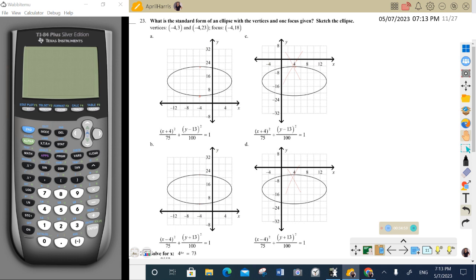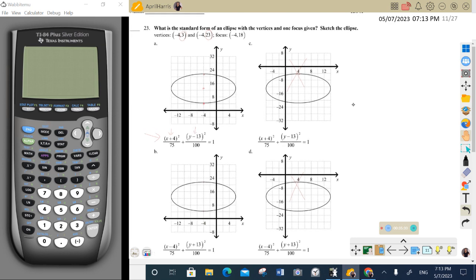So here's the deal. On the equation, this is not the vertices. This is where the center is. So we have to find the center of this. And the center would be the halfway point, and it's the y values that are changing. So I want the center of those two numbers, or the midpoint, so you're going to add them together, divide by 2.